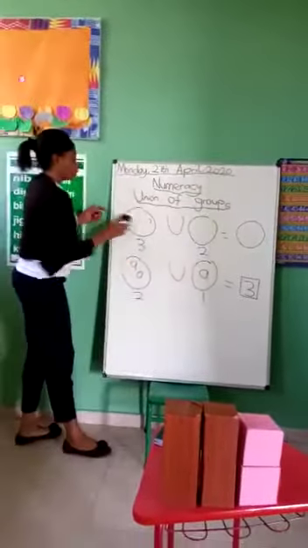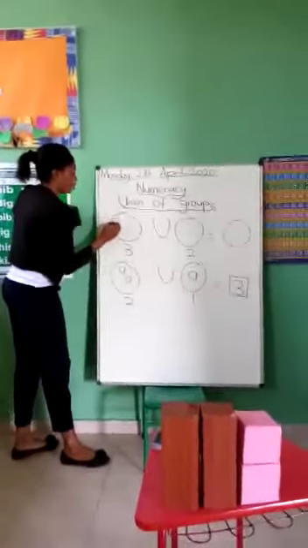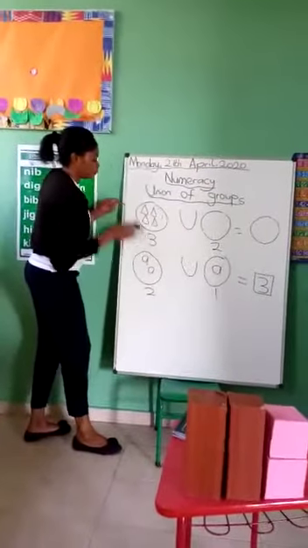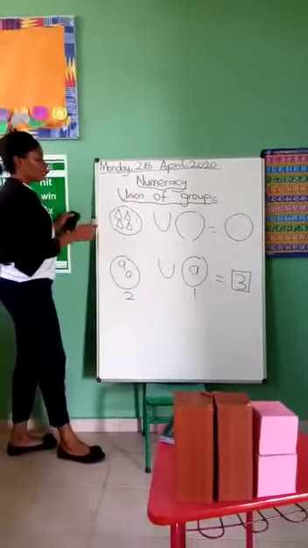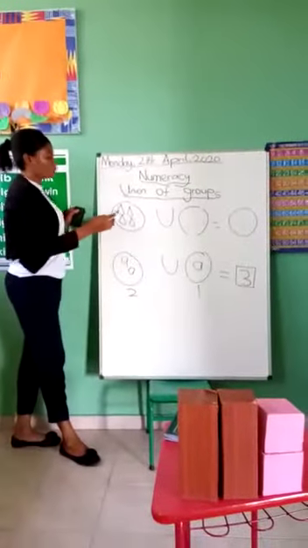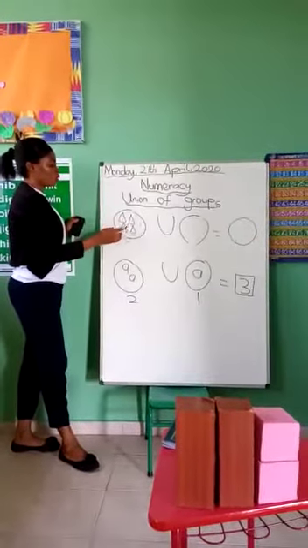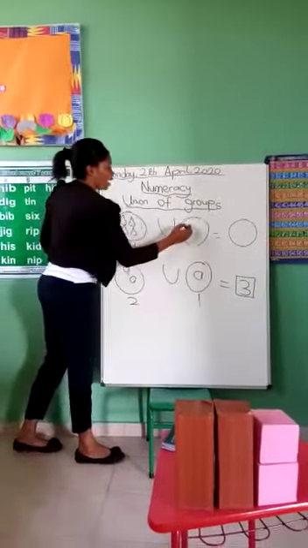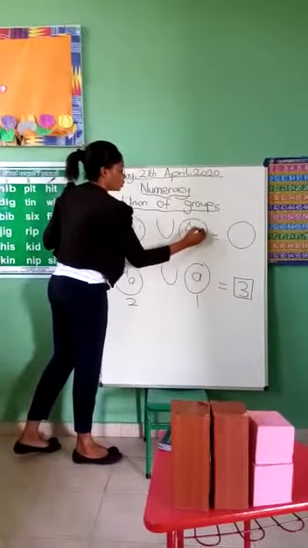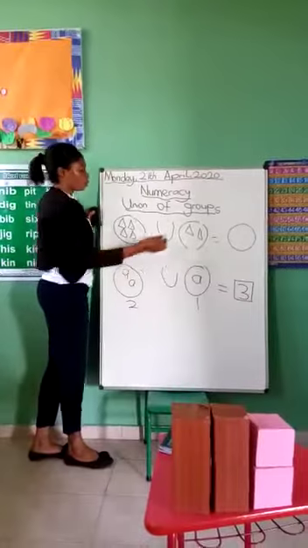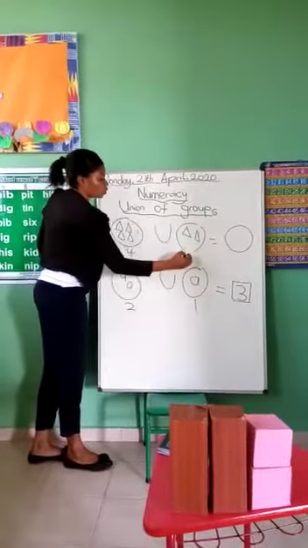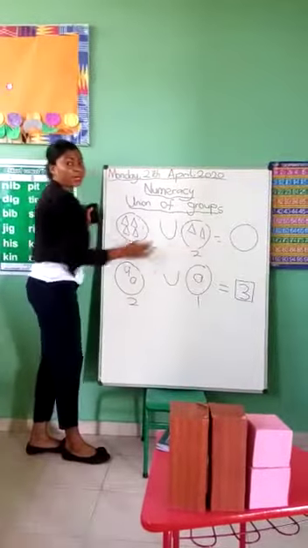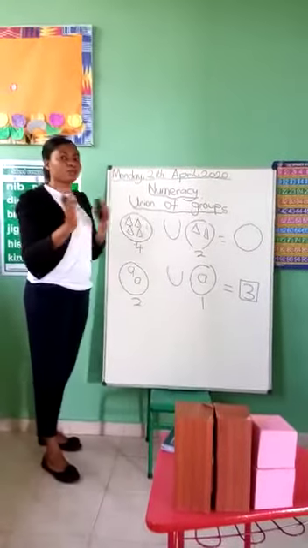Our next example, if I have 4 triangles here, help me count these triangles. 1, 2, 3, 4. So I have 4 triangles here. And then I have another 2 triangles here. Help me count. 1, 2. So now you have to put this and this together. You have to remember that union means putting something together.